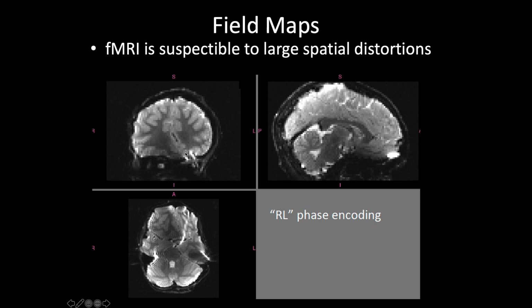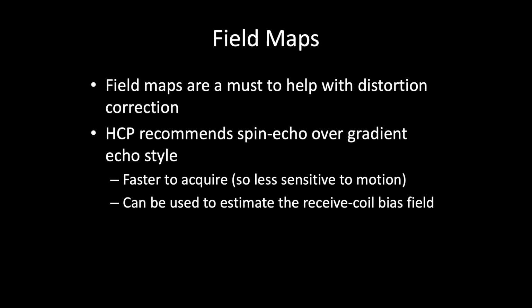And so the idea behind the field map is simply to try and correct for some of that distortion. The HCP recommends using a spin echo style simply because it's faster to acquire, which means it's less sensitive to motion. If you've used some of the older field maps and you have a participant move during the field map, now you can't apply it to your functional unless you acquire a new set of field maps.